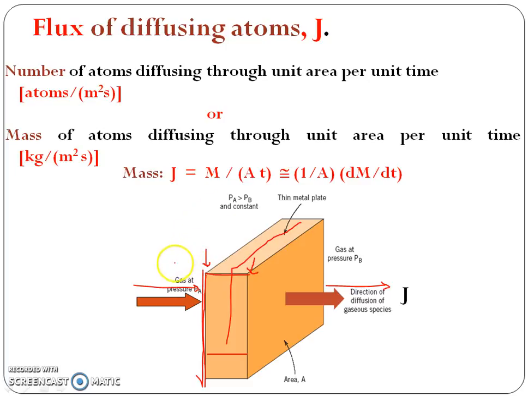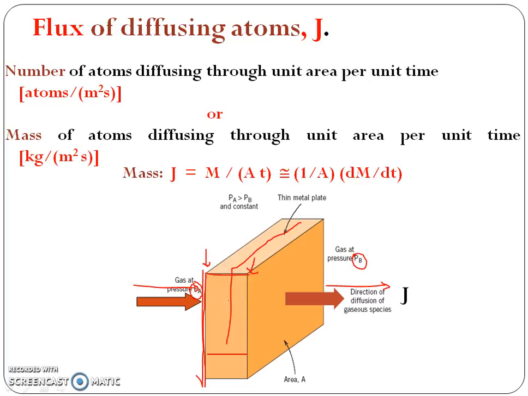If the pressure at position A is PA, and the partial pressure of the gas is PB at position B, then for diffusion to happen, PA must be greater than PB, and PA minus PB must be constant. So across this constant pressure difference, a gas molecule is diffusing through this particular slab or plate.